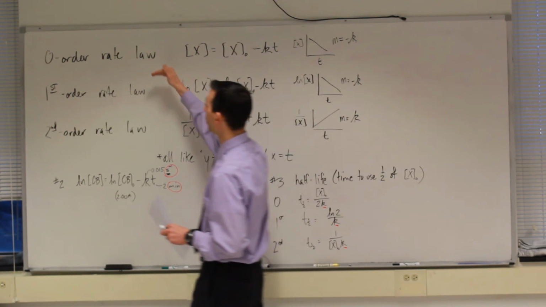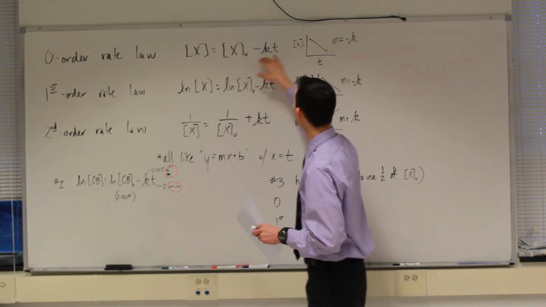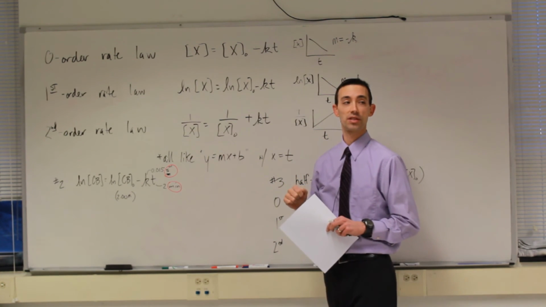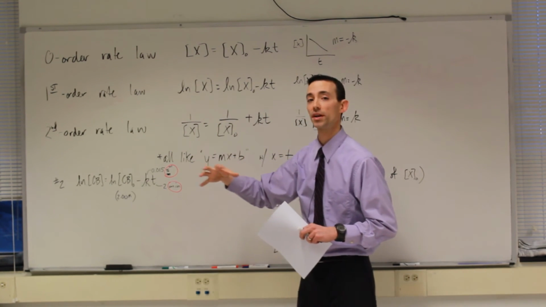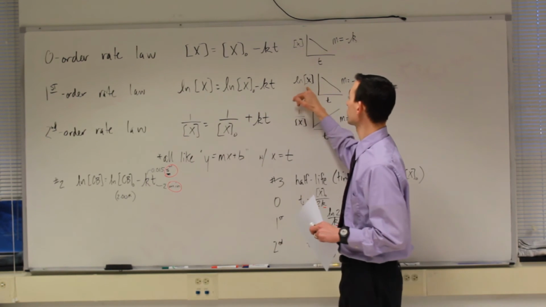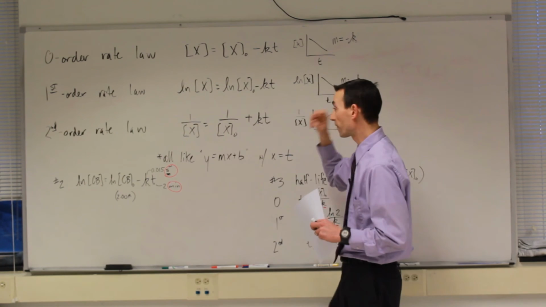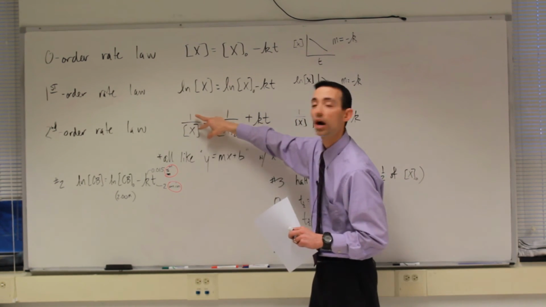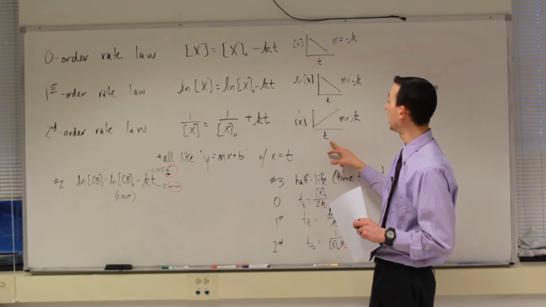For a zero order reaction, or a zero order rate law, that's going to be concentration that would give you a straight line versus time. For a first order reaction, like we were talking about earlier, our crystal violet, that's going to be ln of concentration versus time that produces the straight line. And for a second order reaction, it's actually the reciprocal of concentration that will produce a straight line versus time.